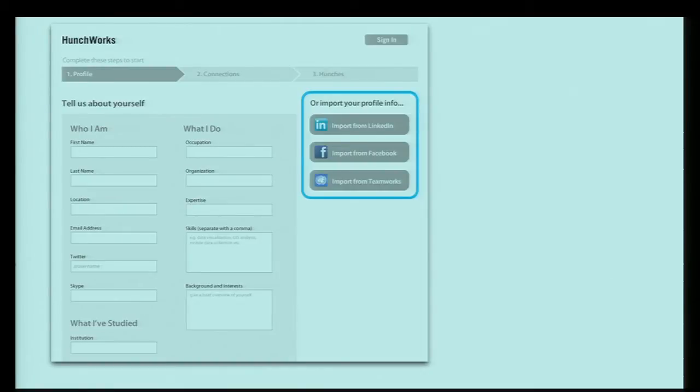If anybody's created a Google Plus account, we all know the experience of how not very fun it is to add back all of your friends again. And so if you start with your LinkedIn profile or something, the HunchWorks system can then make suggestions of, hey, these are other people that have signed up for HunchWorks that you already know within LinkedIn.